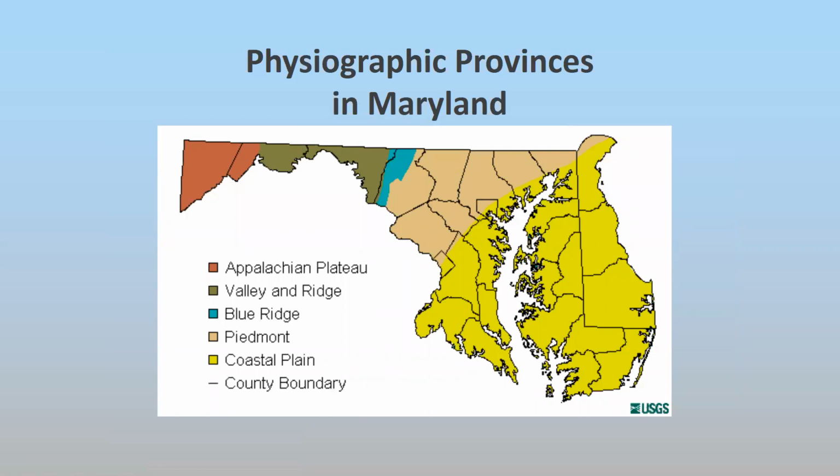So the groundwater quantity and the groundwater quality is based a lot on the geology and the different types of rock and soils, etc. And so in any state, and this is just a diagram of Maryland, there are different physiographic provinces, or different subsets, if you will, of geology that will indicate the type and quantity of water that is available.